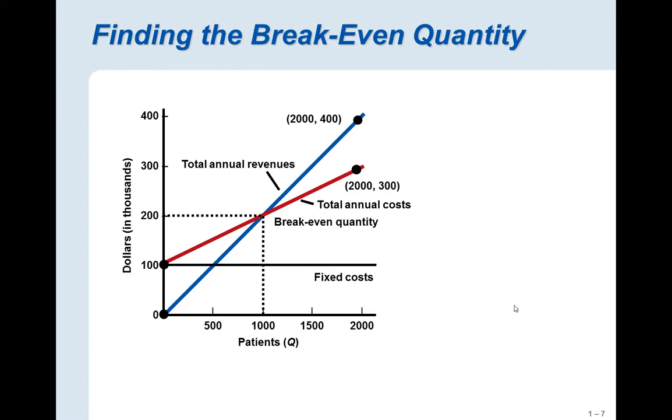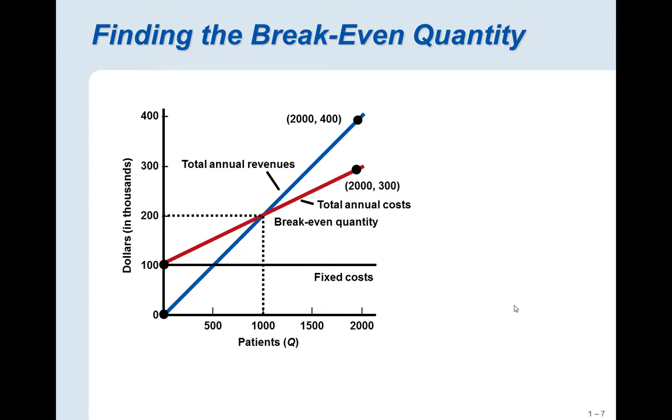The red line represents the total cost line. You can see total cost does not start at 0. Total cost must start at the fixed cost at minimum. The blue line represents revenue, which goes to 0 when you produce no product, or in this case you have no customer.